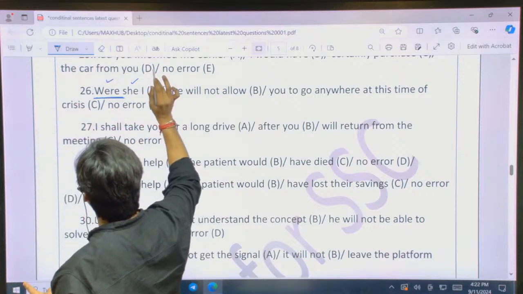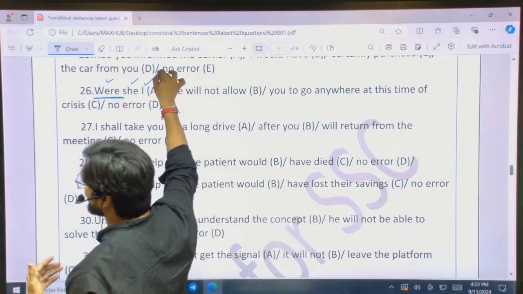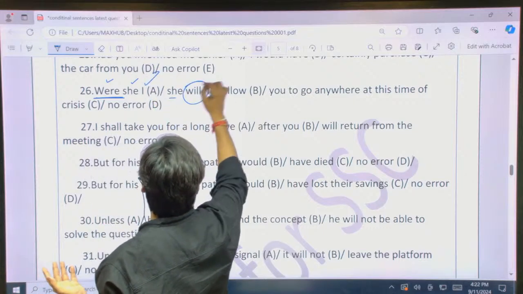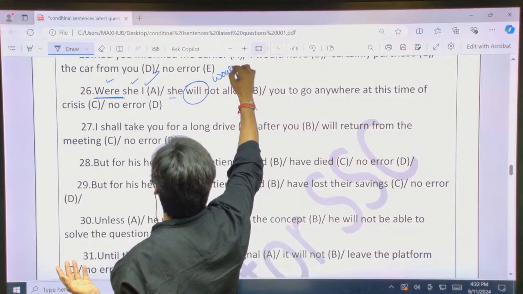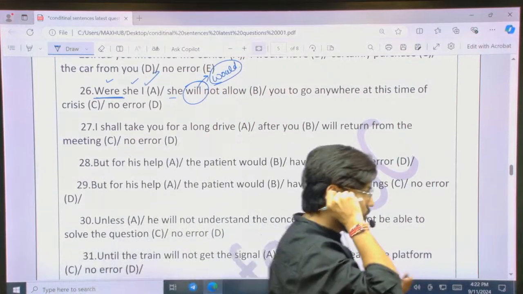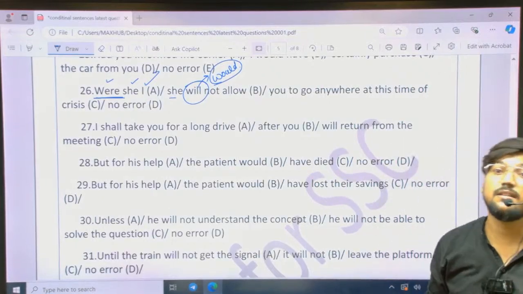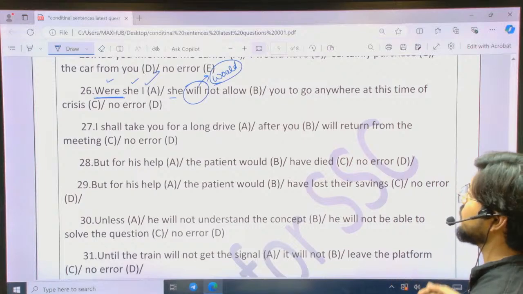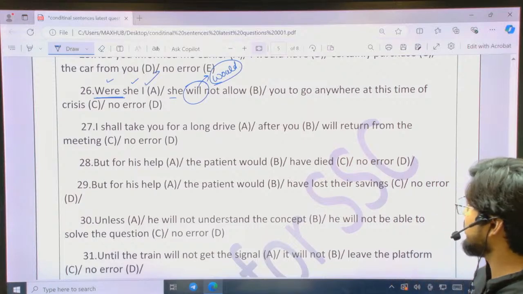Then we have used subject. Then I will be your object, right? She would not means will be replaced with would because the sentence is in past. So were she I, she would not allow you to go anywhere at this time, right?